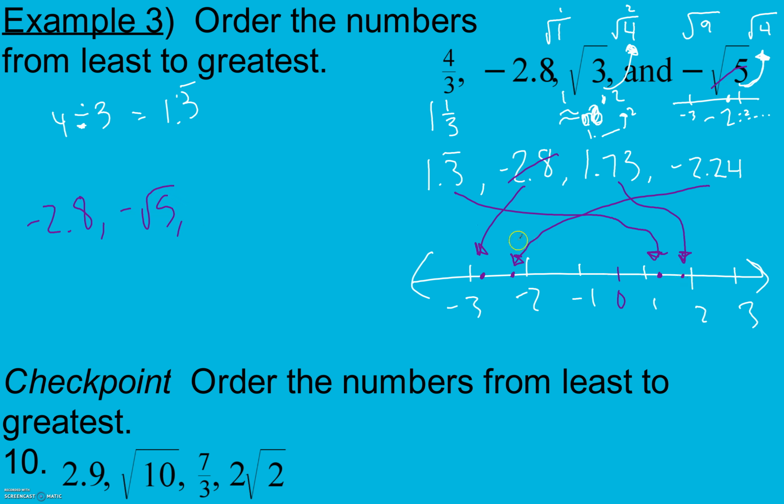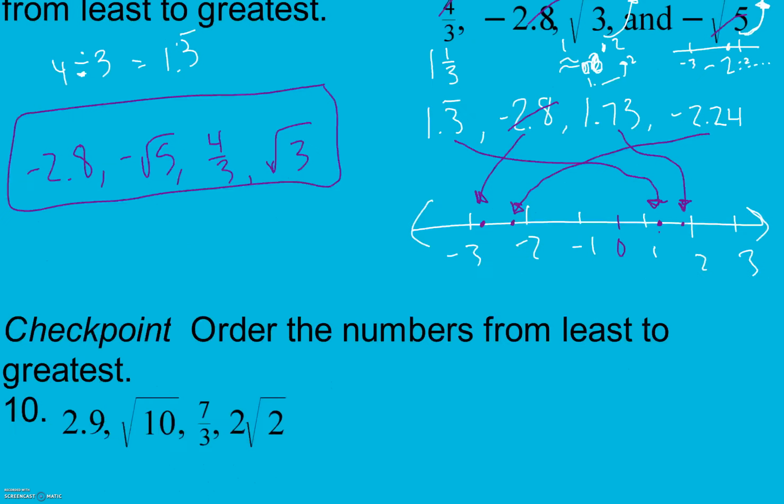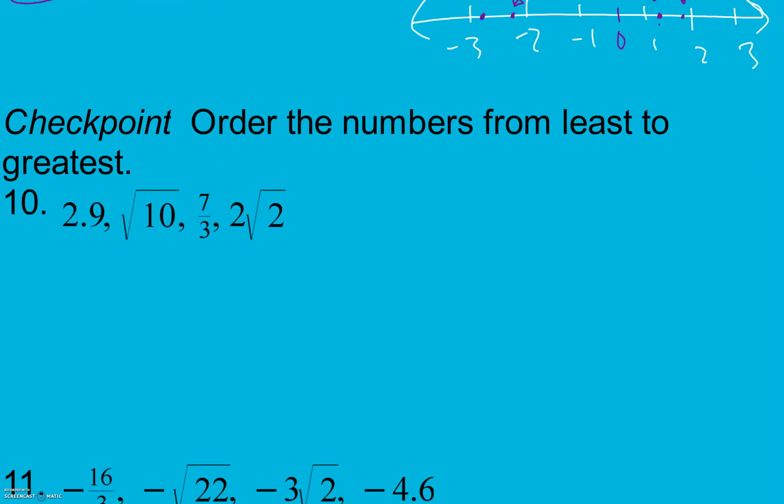Then we have 4/3 is our third dot. And my last dot is the square root of 3, about 1.73. So there we have our numbers in order from least to greatest. Feel free to pause here and give this a try for number 10.